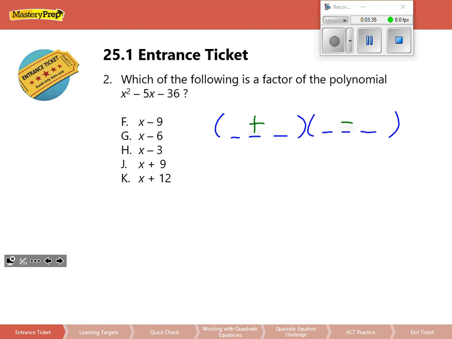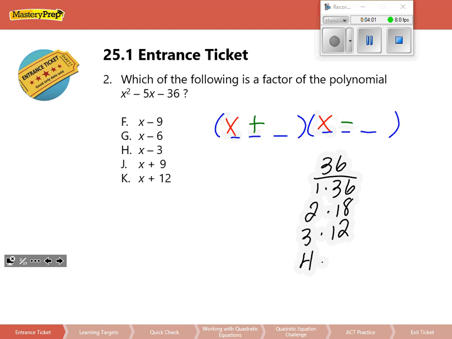Now the factors of x squared are x and x. Now we just need to find the factors of 36. So that's 1 and 36, 2 and, not 2 and 12, 2 and 18, 3 and 12, 4 and 9, and then 6 and 6.